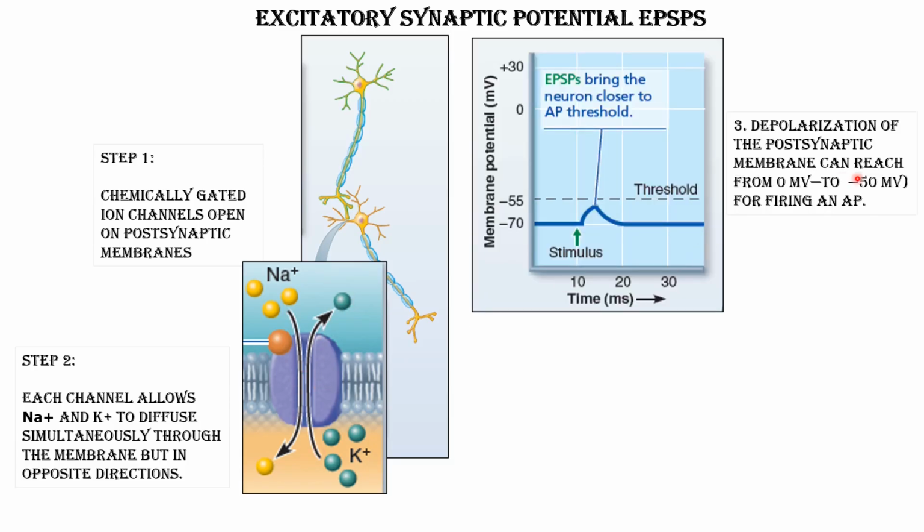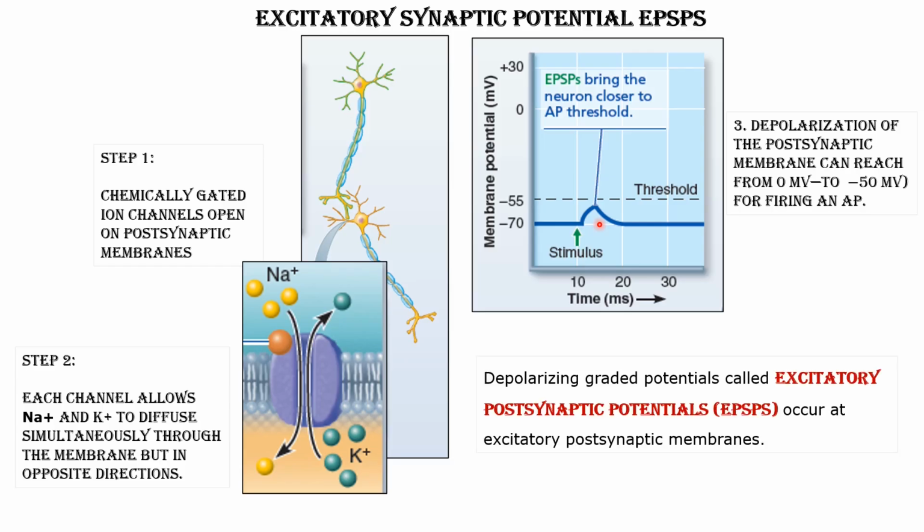This results in a slight depolarization of the postsynaptic membrane, although it does not reach the threshold which is necessary for generating an action potential. Nonetheless, there is a depolarization, and this is called the excitatory postsynaptic potential.